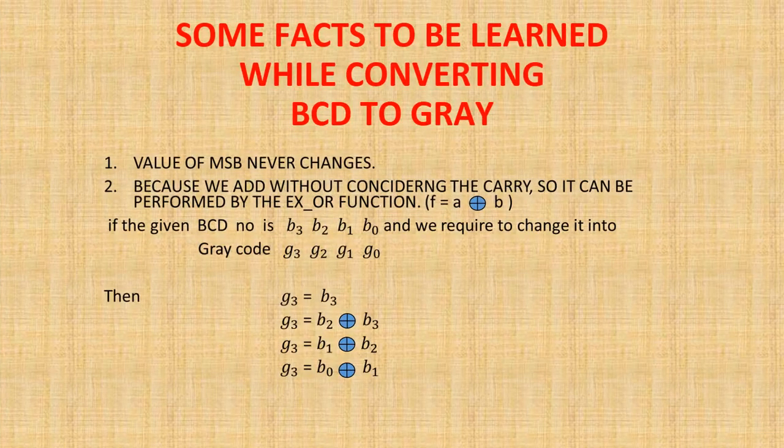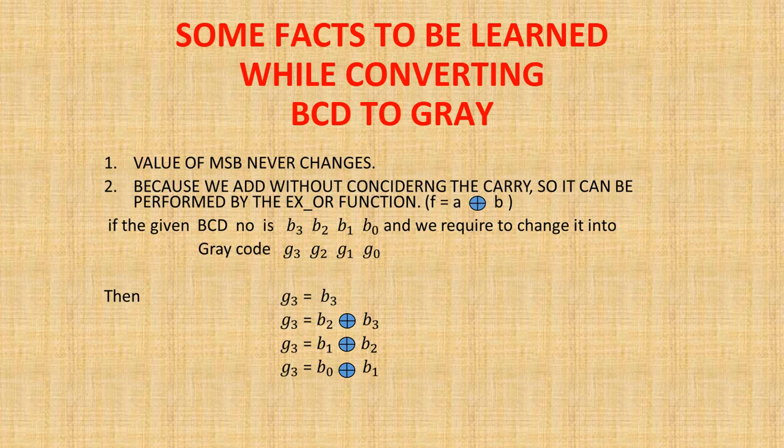Here are some facts which, if we learn, will make the conversion easier. The first fact is that the value of the most significant bit never changes. And the second fact is that because we add 2 bits without carrying the carry, the function of XOR can be used without much pressure.